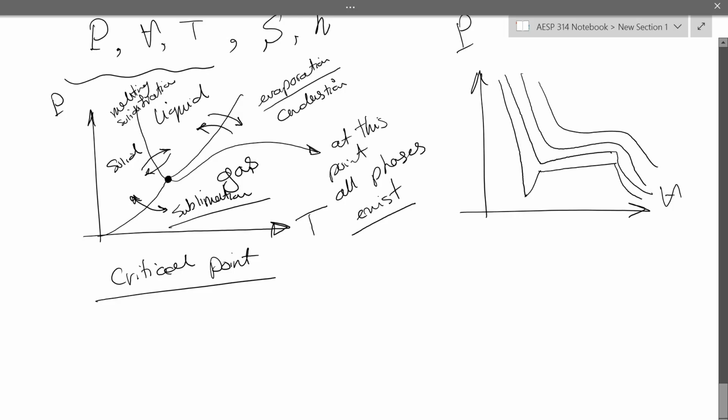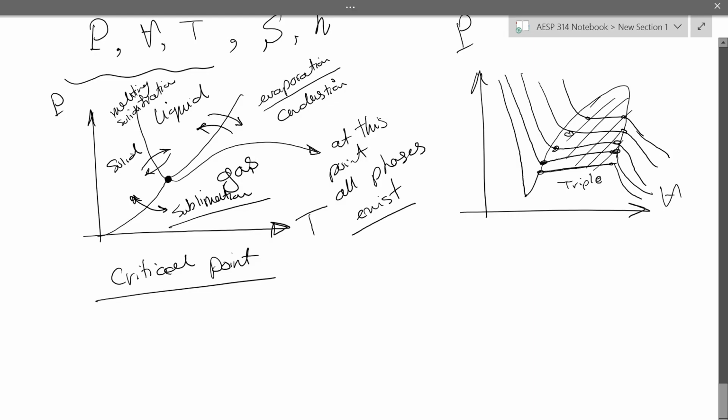As you change the temperature, these lines move up between the regions, and this is called the triple line. The same is true for a different temperature, you get a different line, and so on and so forth.